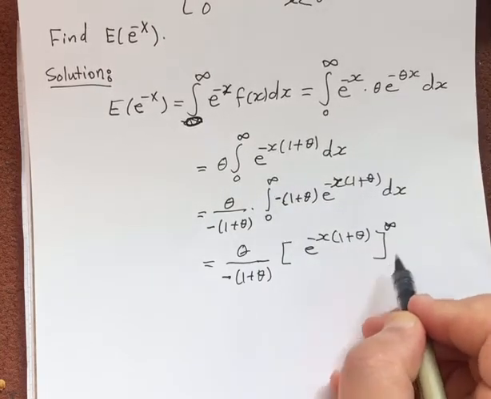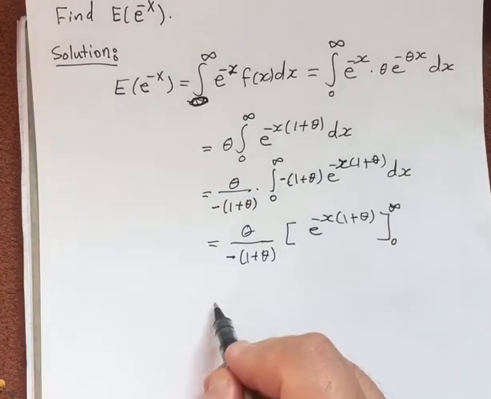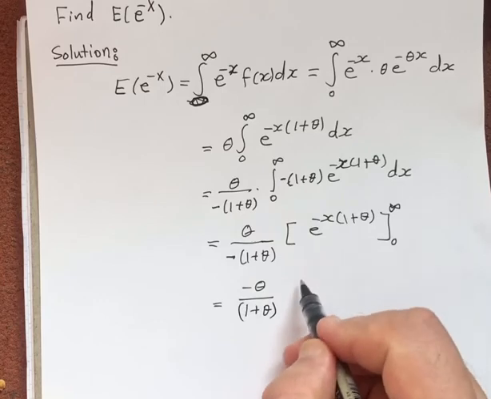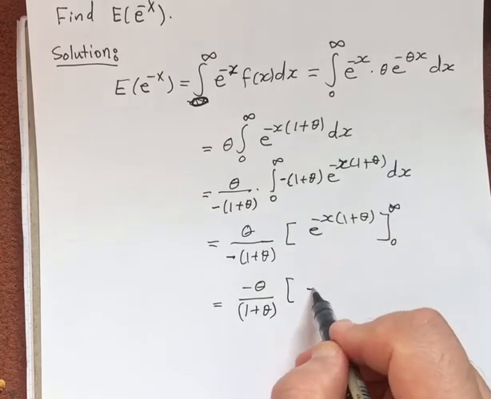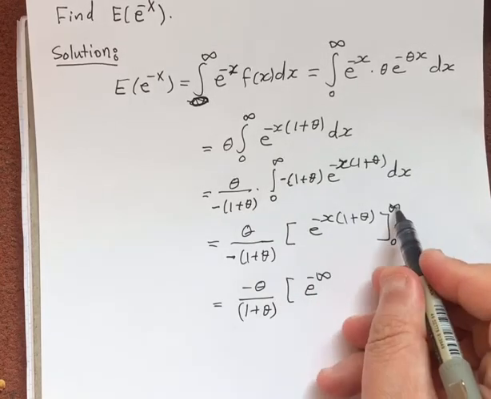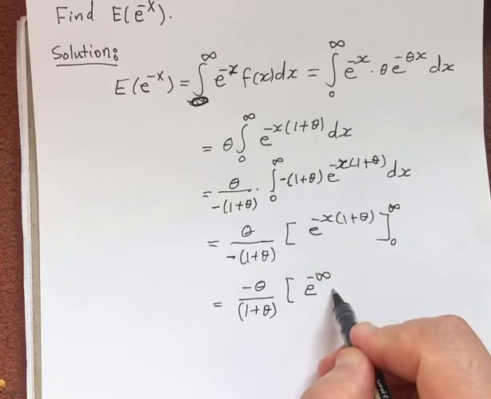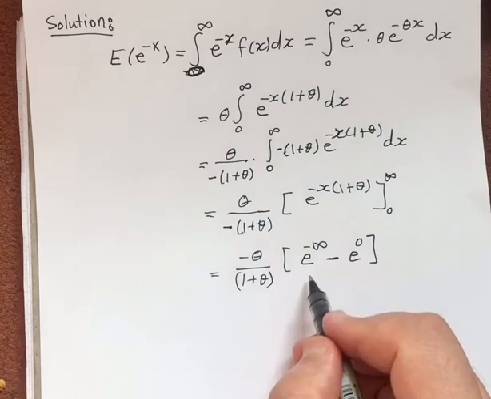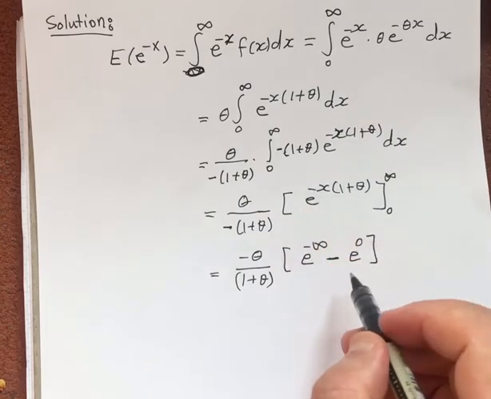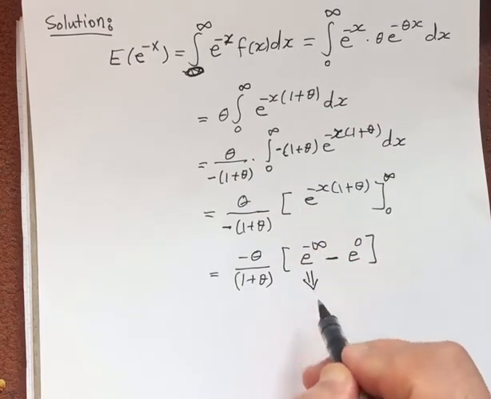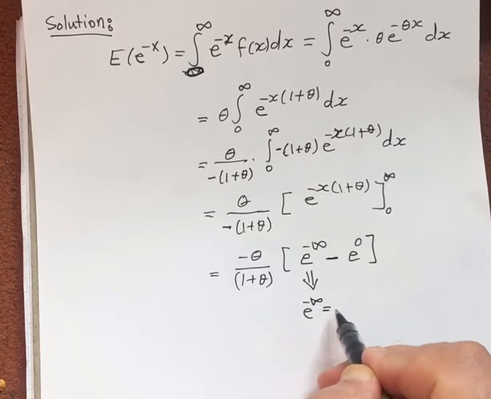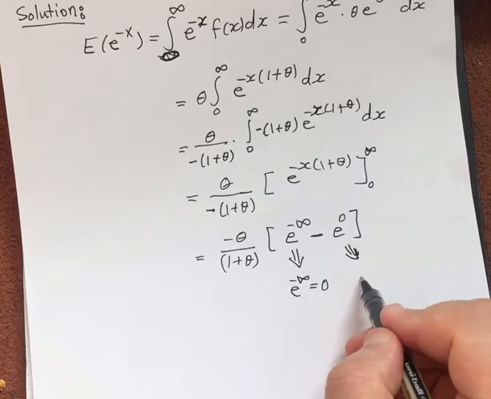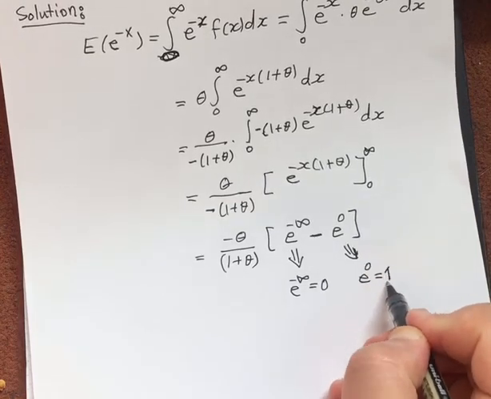evaluated from 0 to infinity. Now we've got minus theta over 1 plus theta times e to minus infinity, first this one, and then minus e to the power 0. As we know, e to minus infinity equals 0, and e to 0 equals 1.